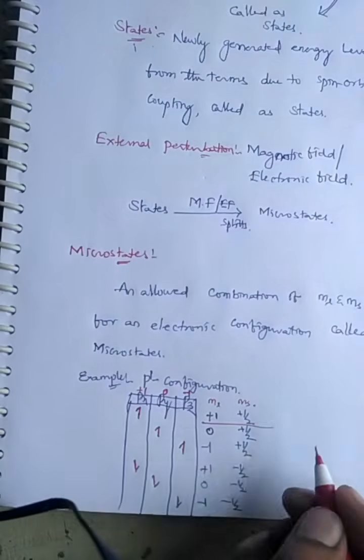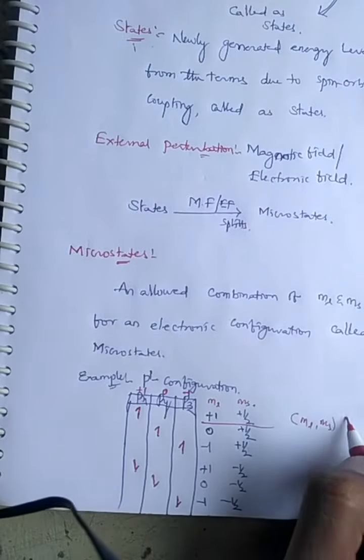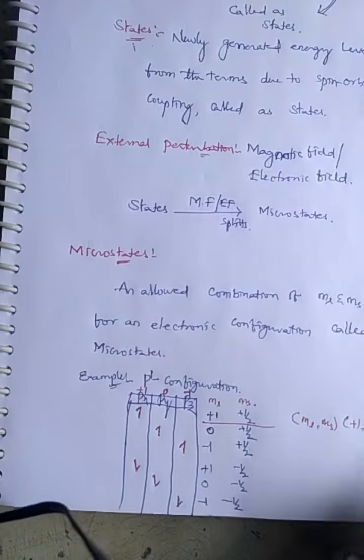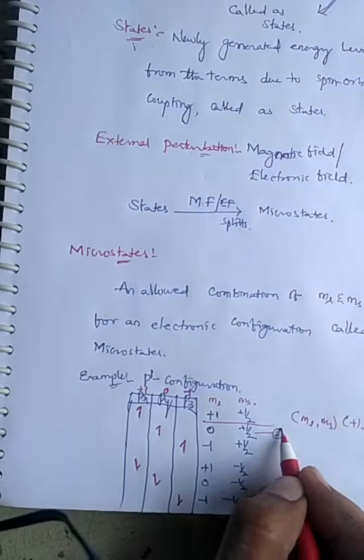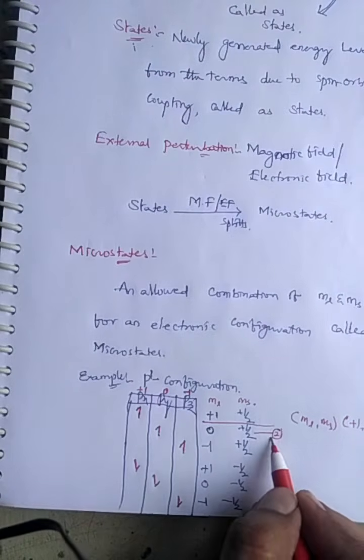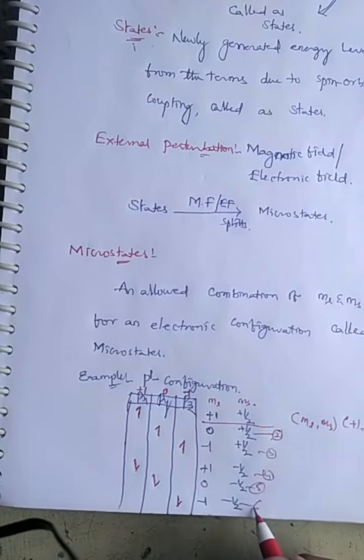Here the ml/ms of +1 plus half is one microstate. Similarly, this is another allowed arrangement of ml/ms values, so it is the second microstate, this is third, this is fourth, this is fifth, and this is sixth.